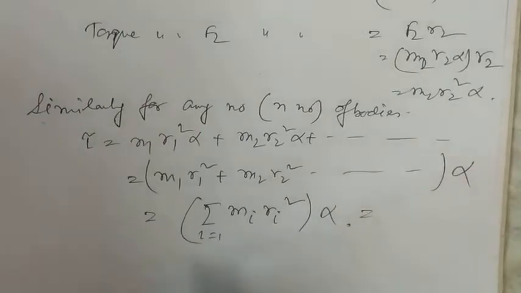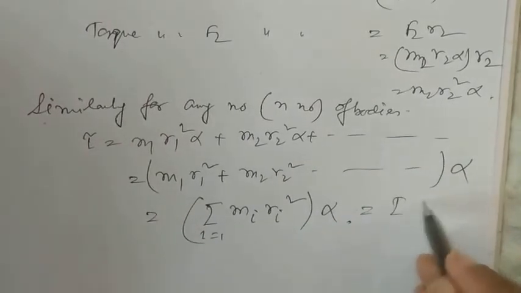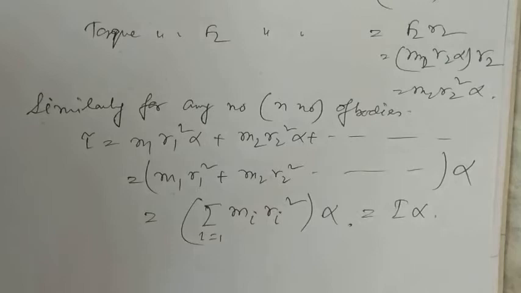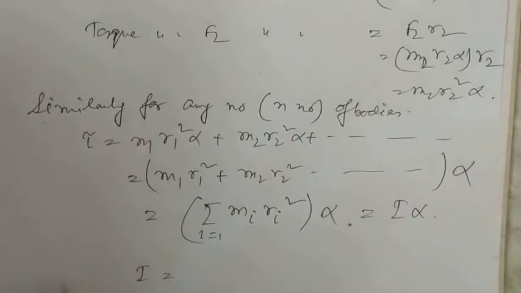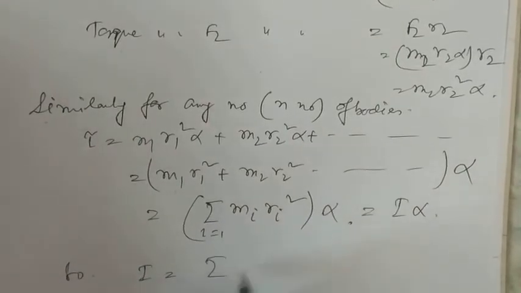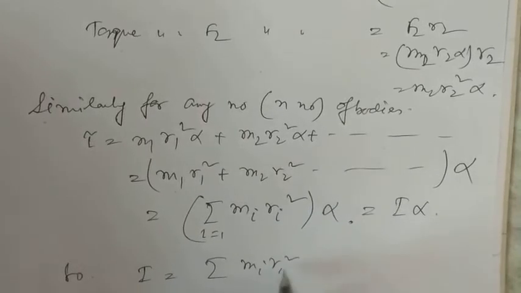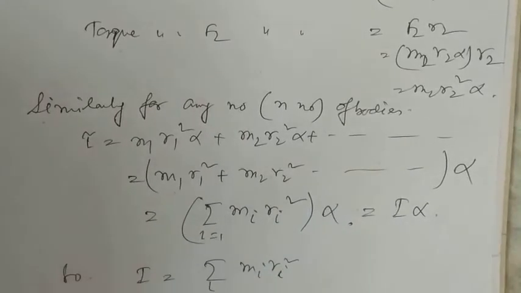Replace this large term by I, that is I alpha. So what is I? I is equal to summation of mi ri square.